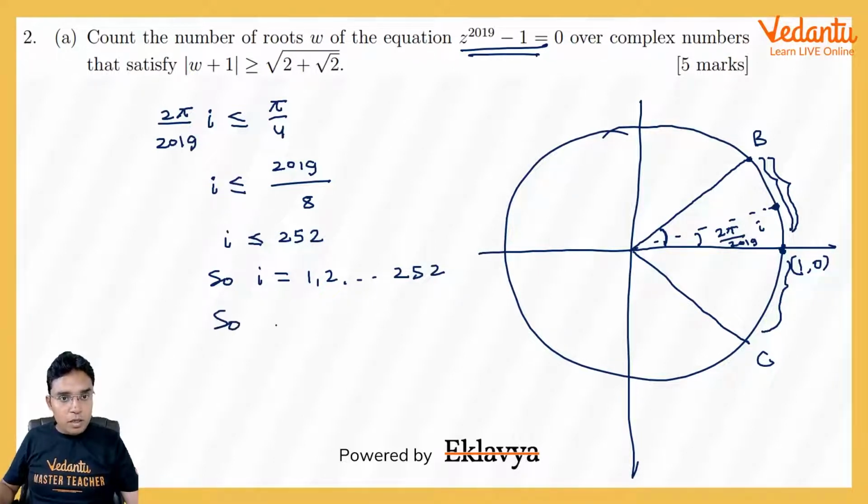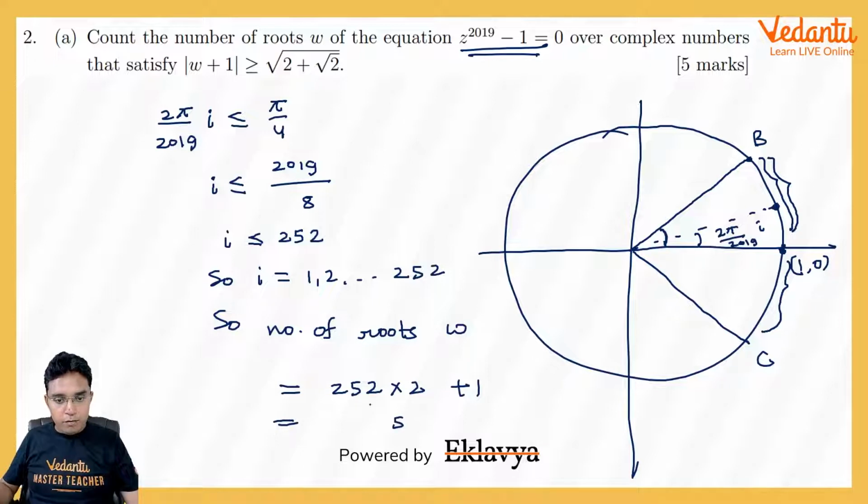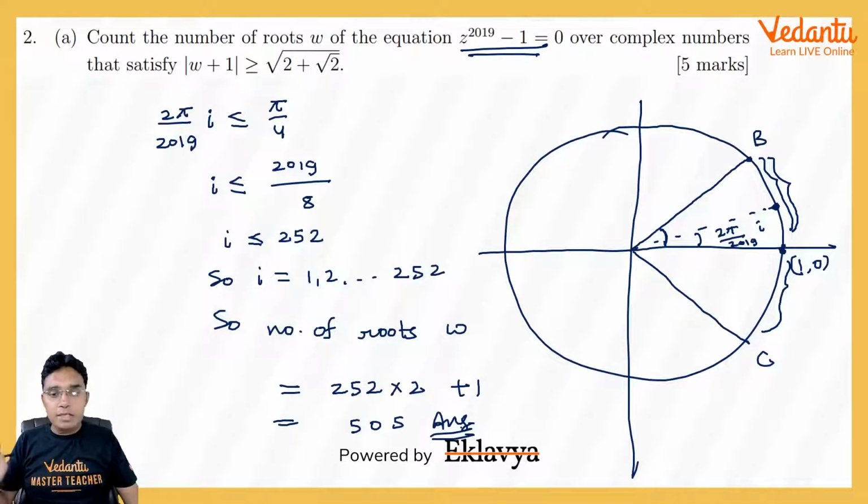So the number of roots W will be 252 into 2 plus 1, which comes out to be 505. So that is the answer of this question. A little bit tricky, but if you understand it well, I think this question is easy.